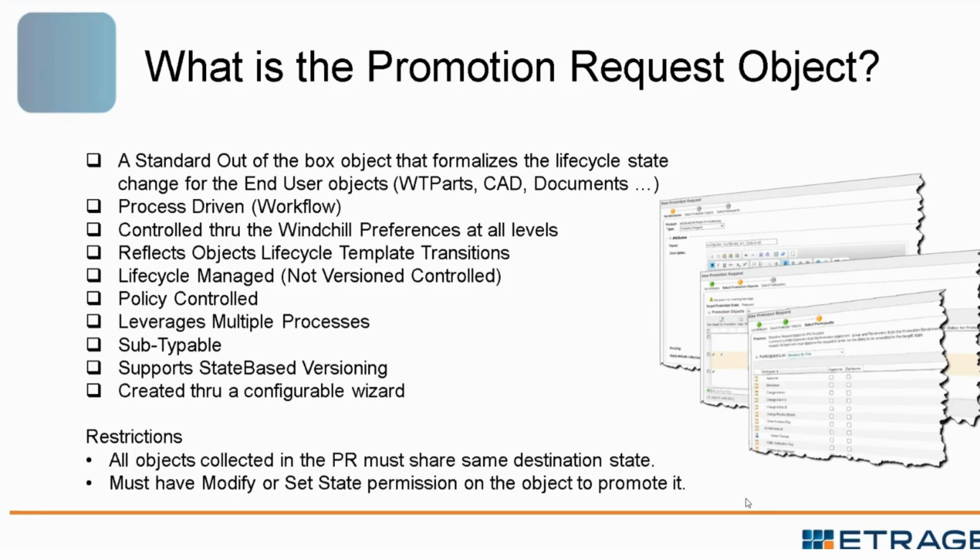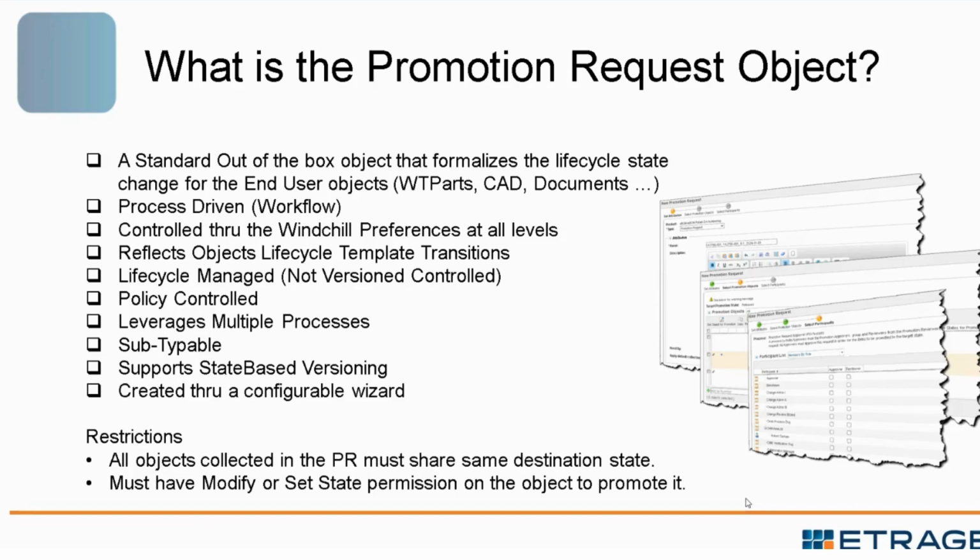Can potentially leverage multiple processes through preferences. Don't recommend that usually. I like to consolidate all potential branches of your approval process through some other conditions rather than relying on the user to go select what process they meant to go through for approval.